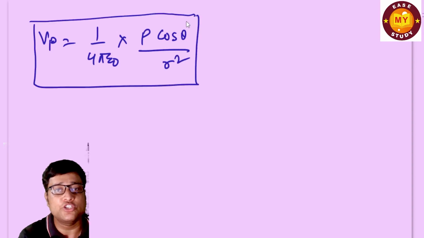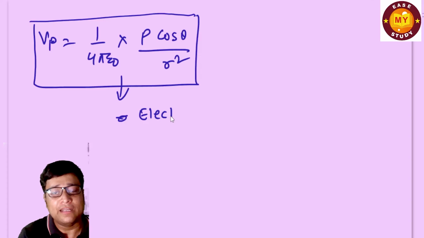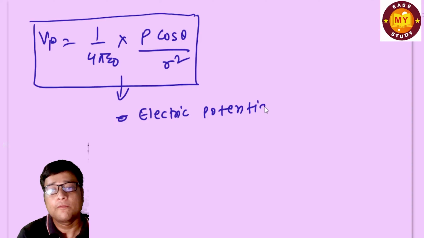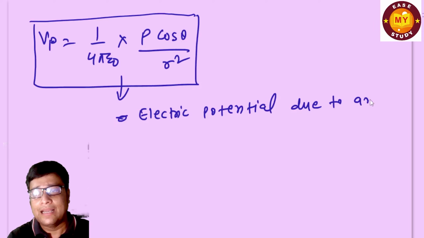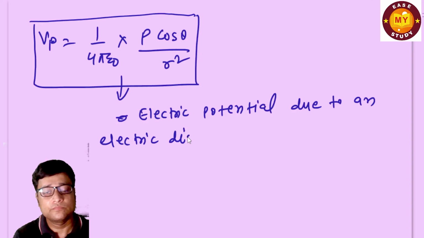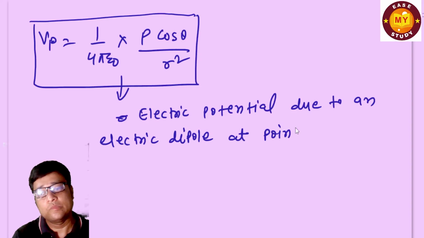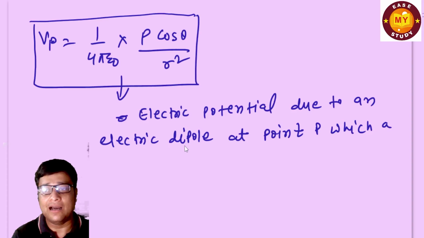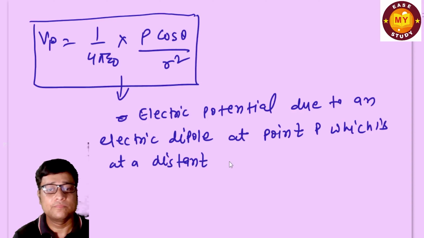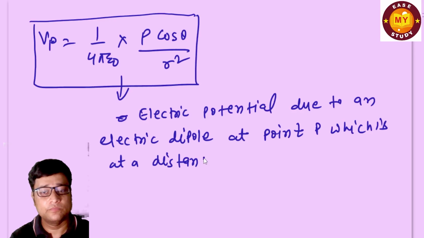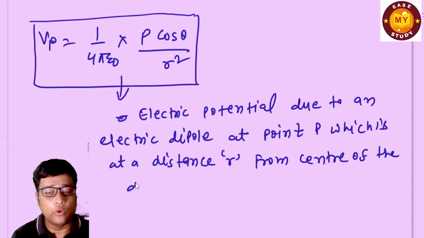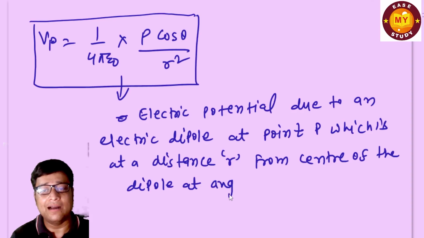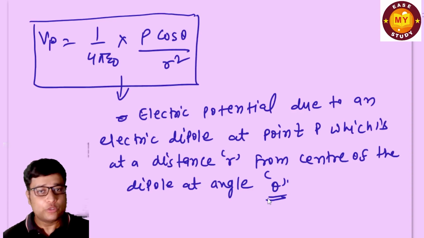So this is the electric potential due to an electric dipole at point P, which is at a distance r from the center of the dipole at an angle theta. Okay, so this is the definition of the electric potential here.